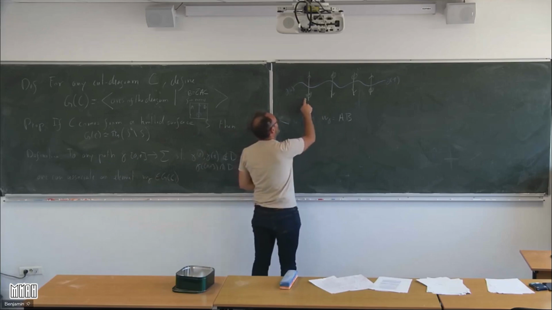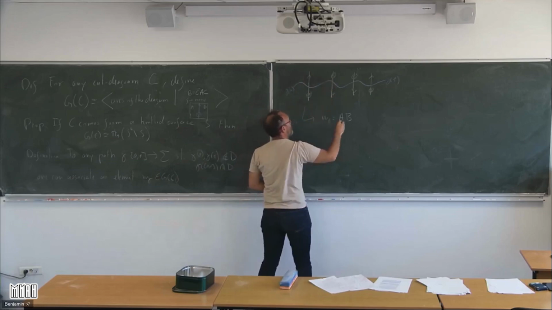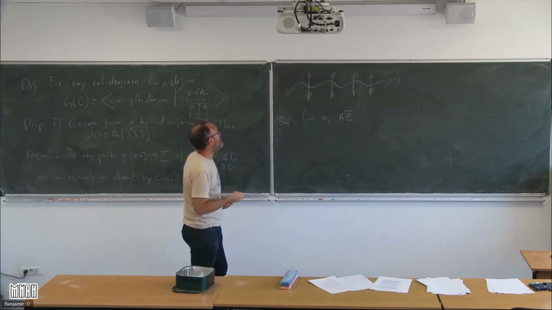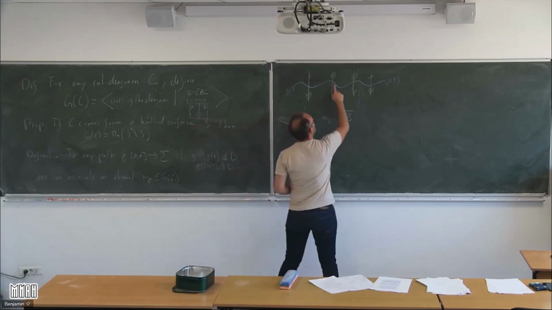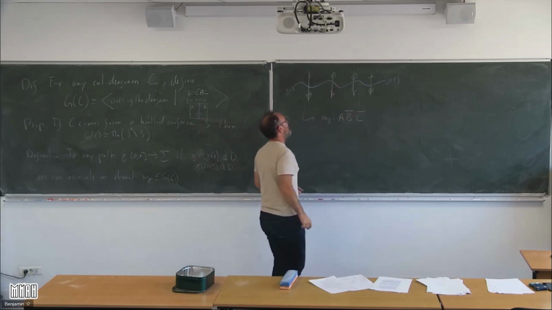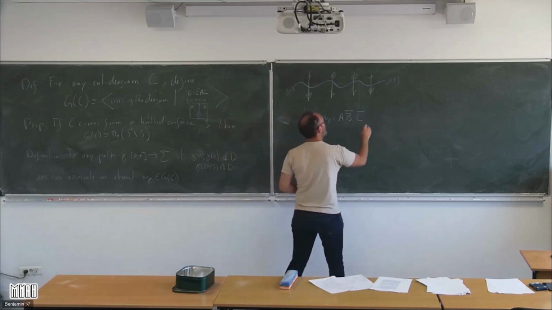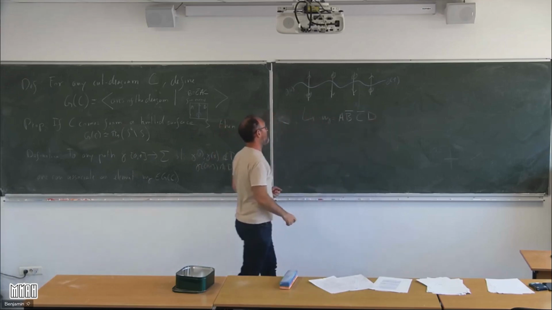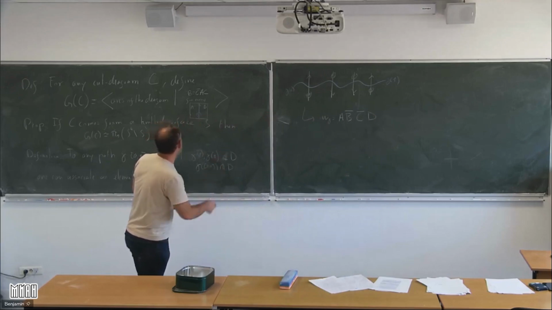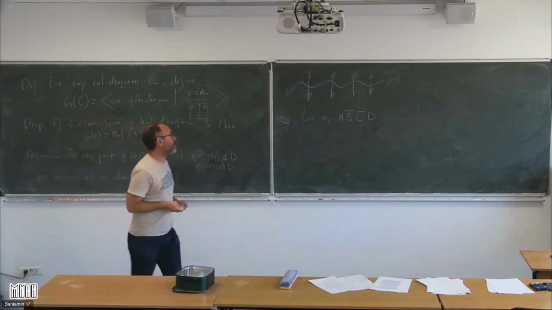If for this one it was A with a strand going upward, this one is going downward, so take the inverse of B. Then I meet C going downward, so it's inverse C. And then D. And since it is a product of generators of my group, it is an element of my group.